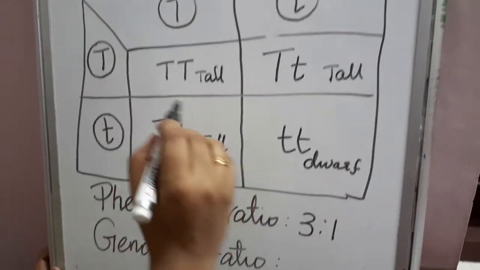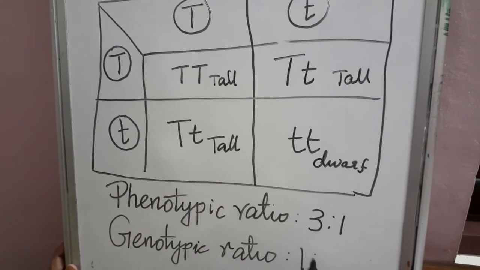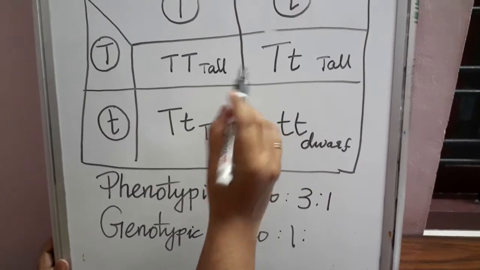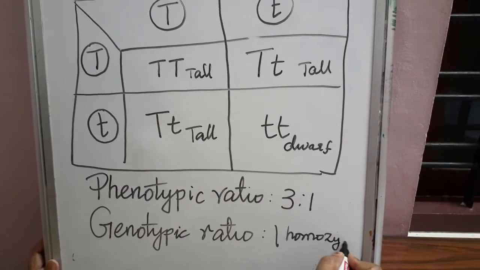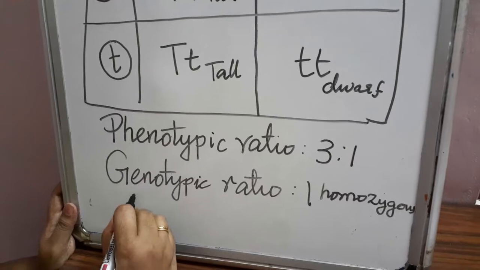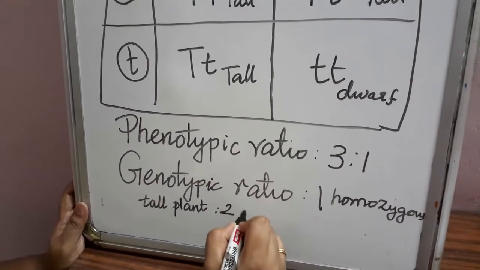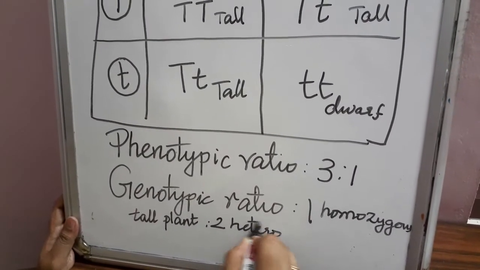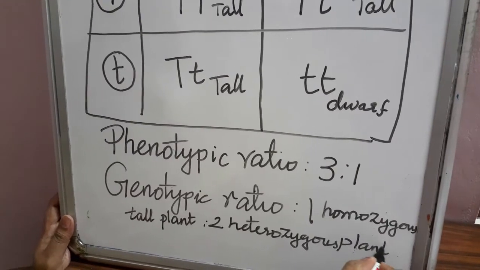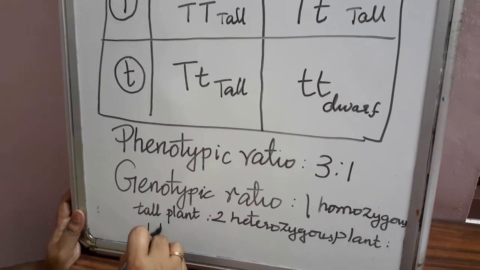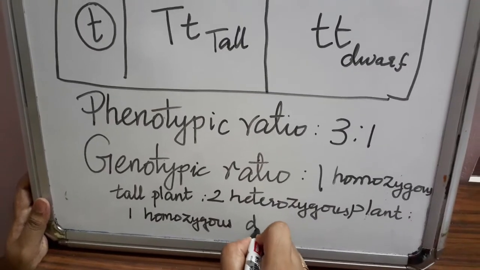One pure homozygous tall plant to two heterozygous tall plants to one homozygous dwarf plant.